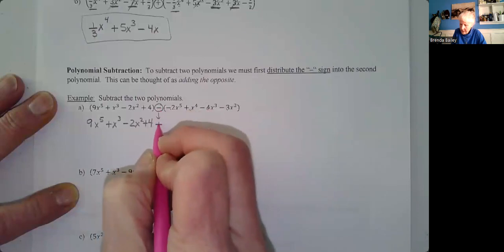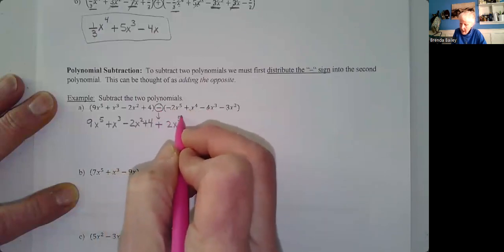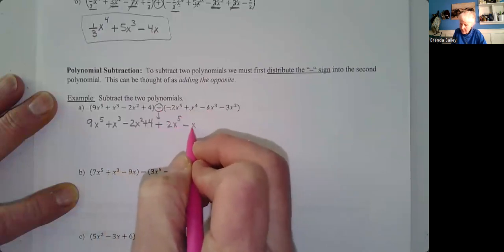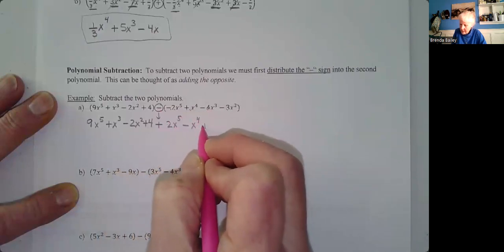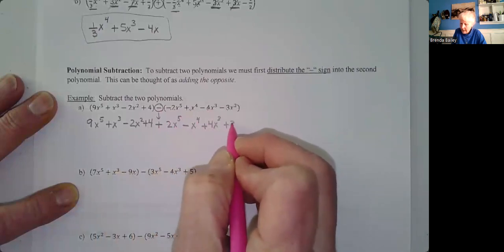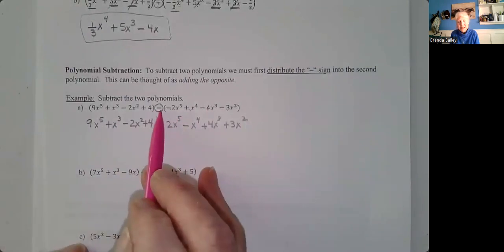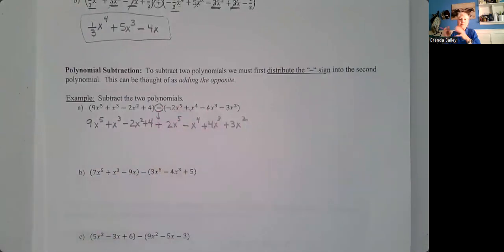So this is a plus. This will become a positive 2x to the 5th minus x to the fourth plus 4x cubed plus 3x squared. And now it's just like the ones above. You just combine like terms. When you have a negative outside the parentheses, it's like taking a -1 times everything in the following parentheses.